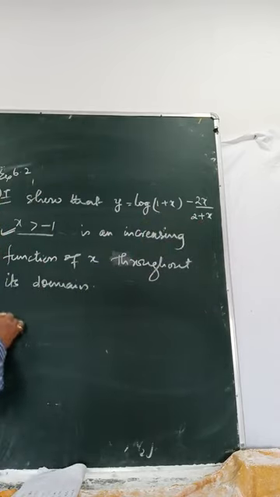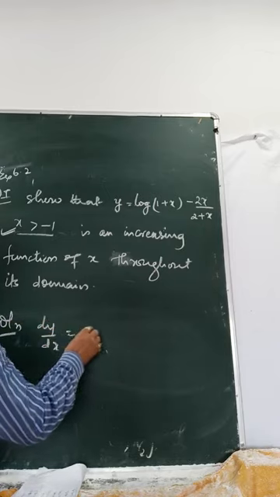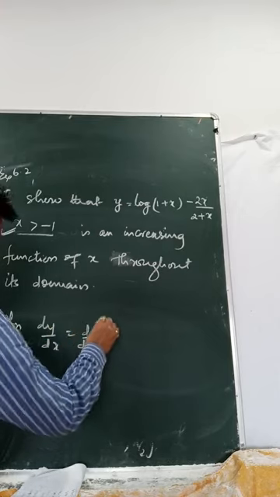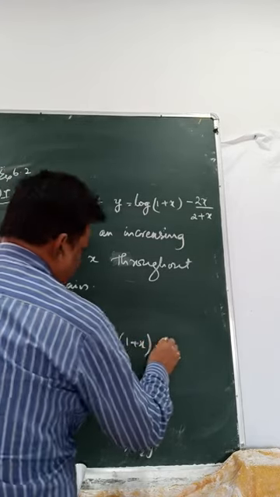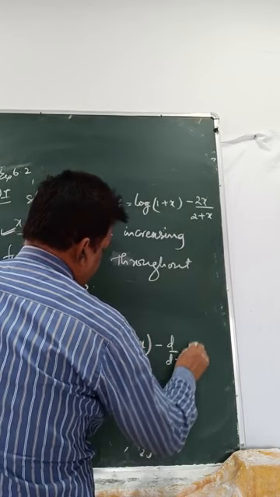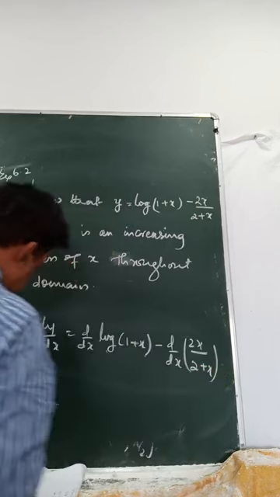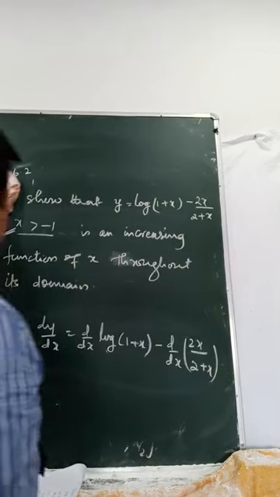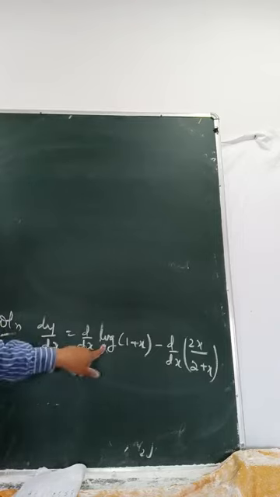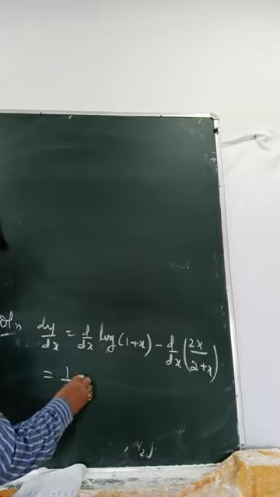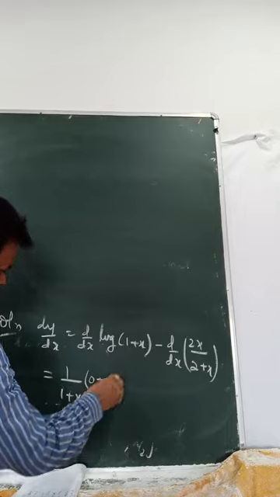Okay, let's see what dy by dx is. It is d/dx of log(1 plus x) minus d/dx of 2x by (2 plus x). So proceed. What do you get? The derivative of log I can write here as 1 by (1 plus x), and the derivative of 1 plus x is 0 plus 1.